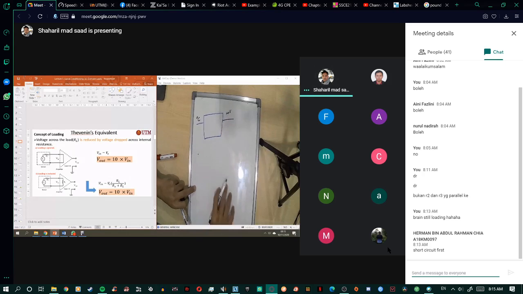So actually, this internal transducer, what happened is, now your transducer is like this one. I call it Vx, and this one the Rx. So the transducer has an internal resistance, right? We call it internal resistance.